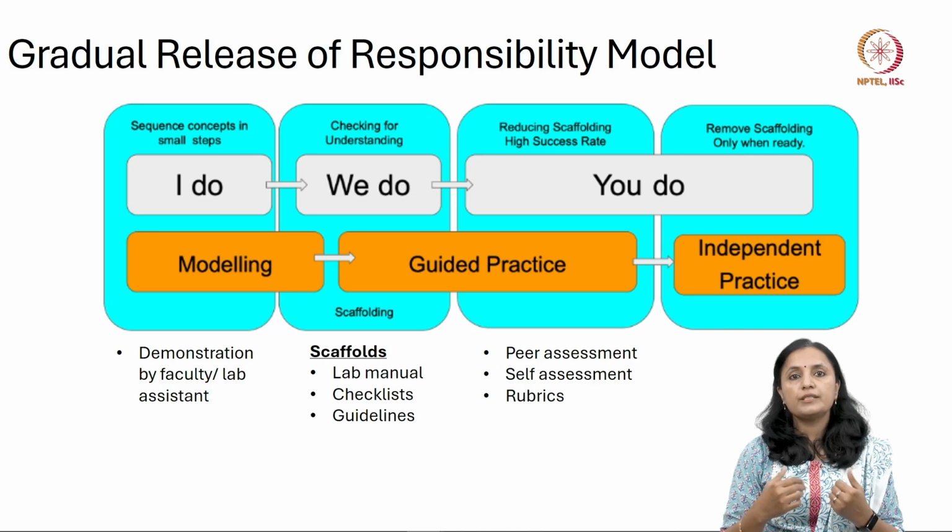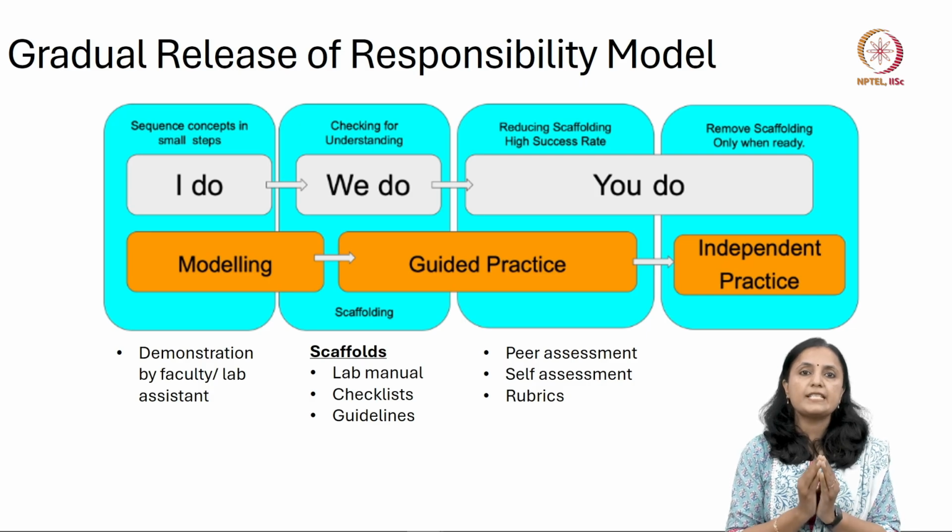I am also thinking aloud, so you can see my reasoning. The modeling is happening in a very systematic manner, right? Whatever demonstration we have discussed in this unit qualifies as modeling. Then comes we do. So, what are we doing as far as we do is concerned?